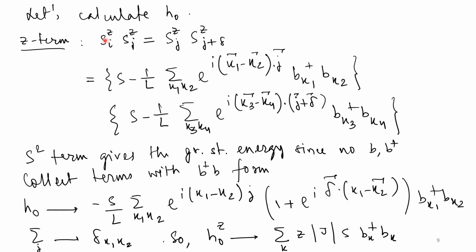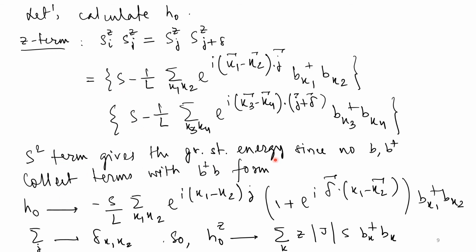Okay, so Si we had, Sz we had already calculated before this. So we just plug in the expressions for them, except that here it is for J and here it is for J plus delta. And then we have to multiply the two. Now you see, as we had anticipated, there is one term S square which has no operator in it.